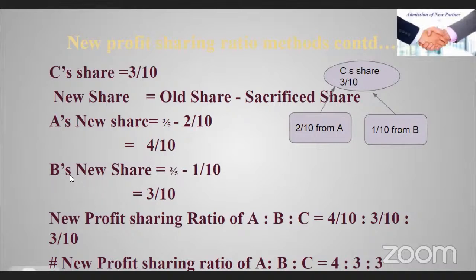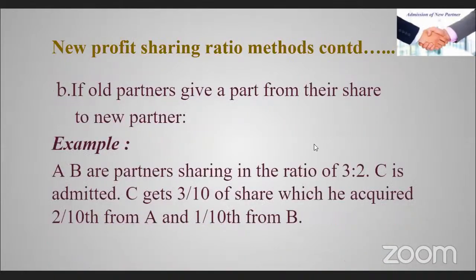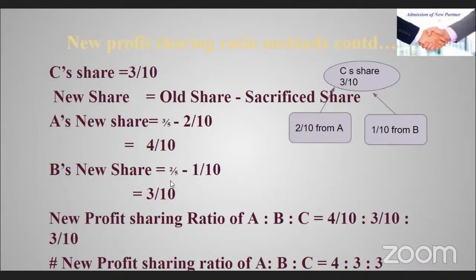Next, B's new share. What is B's whole share? 3:2, so 2/5. So 2/5 whole share minus sacrifice share. How much did B sacrifice to C? 1/10 of the share. So 1/10. Again, if you convert into equal fractions and take the LCM, you will get B's new share as 3/10.